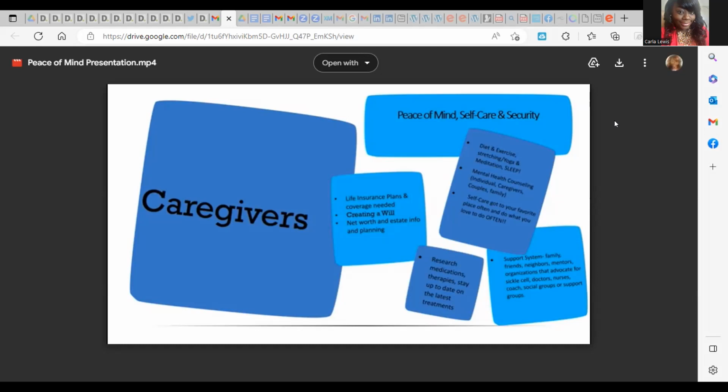These organizations, this group of entities or people, I feel like you're going to need them at some point in your corner. Establish a strong bond, establish trusting relationships. This is going to help bring you peace of mind, self-care, and security.